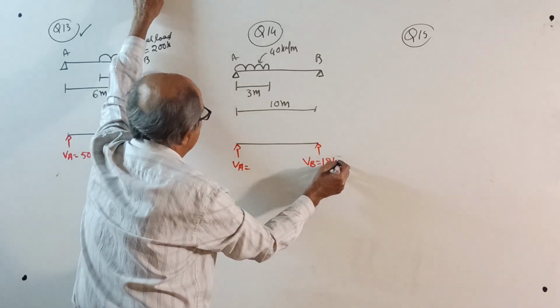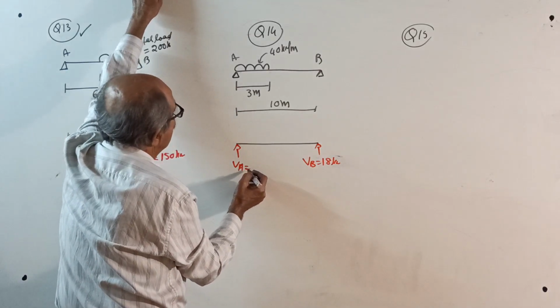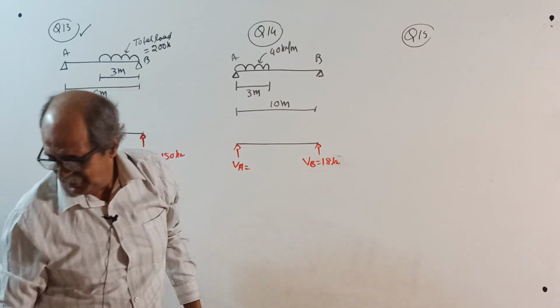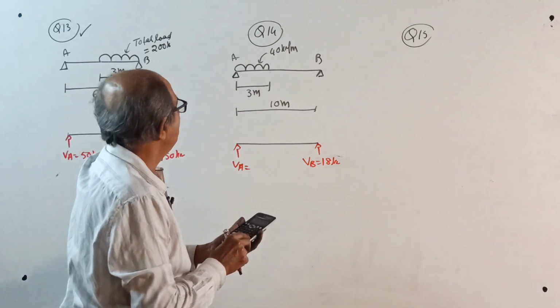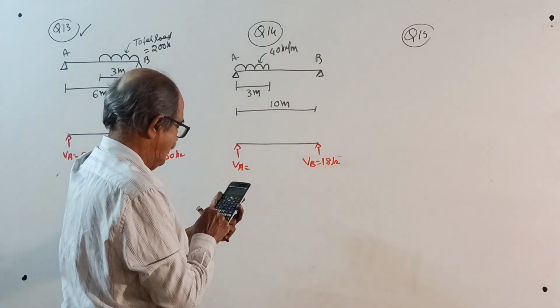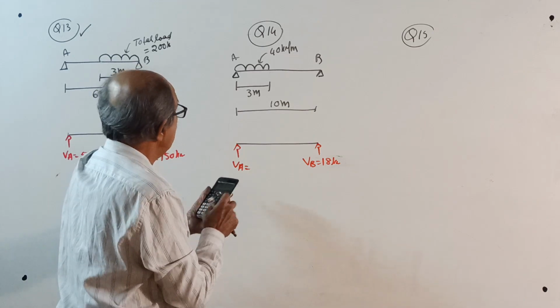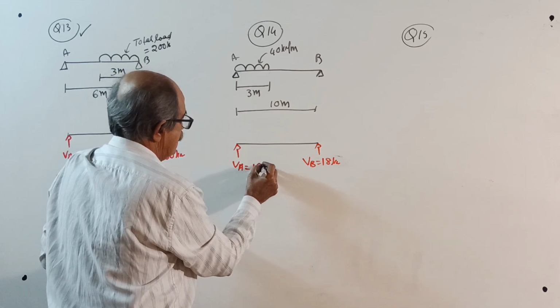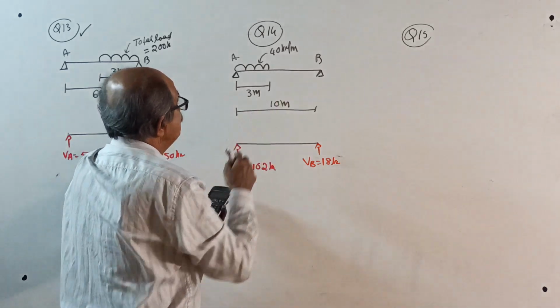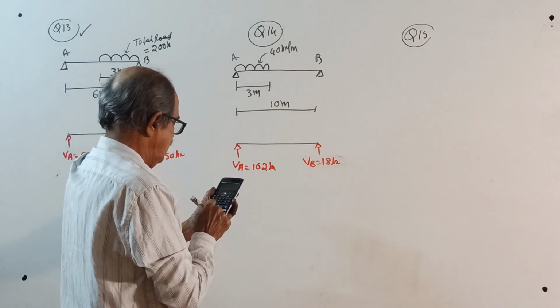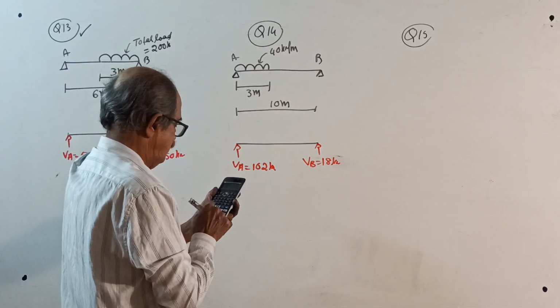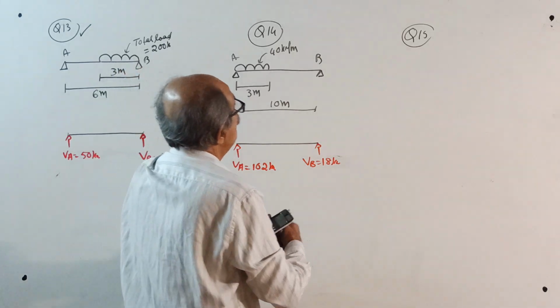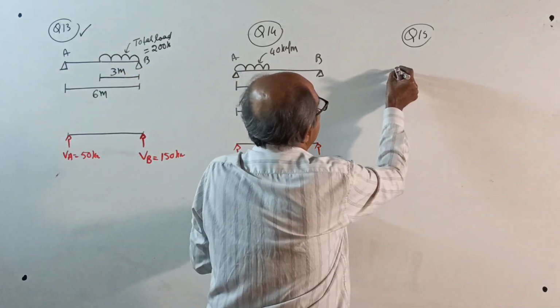VA equal to 120 minus 18. Anyway, I'll check the answer. See, sometimes a small problem. Correct actually. 40 into 3 into 1.5 divided by 10 is 18. 120 minus 18 is 102 kilonewton. Checking is not required. 40 into 3 into 8.5, 102.